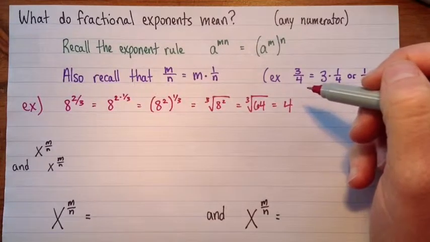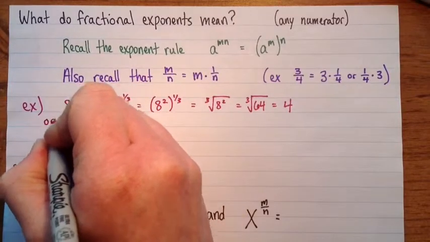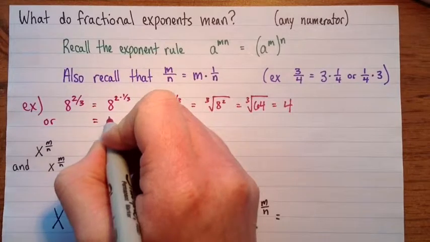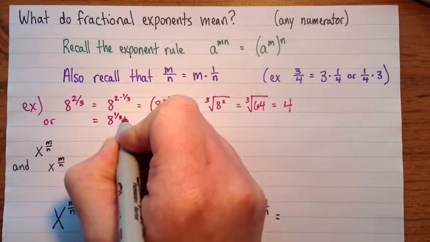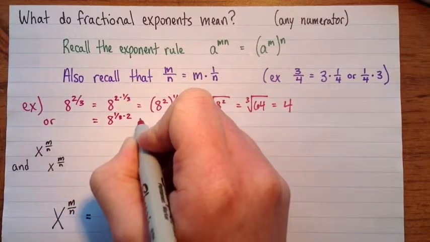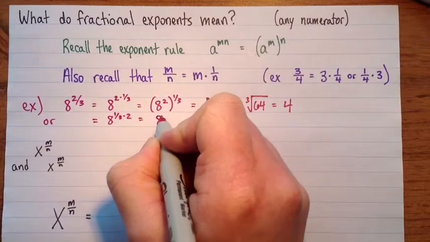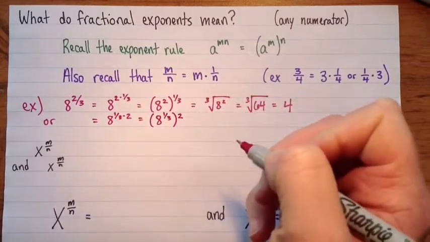The other way is really similar. We just do things in the opposite order. Or, we can take 8 to the exponent 2/3, and I'm going to write these two factors in the other order. So I'll write 8 to the 1/3 times 2. Now I'm going to use this property here. I've got 8 to the exponent 1/3 to the exponent 2.